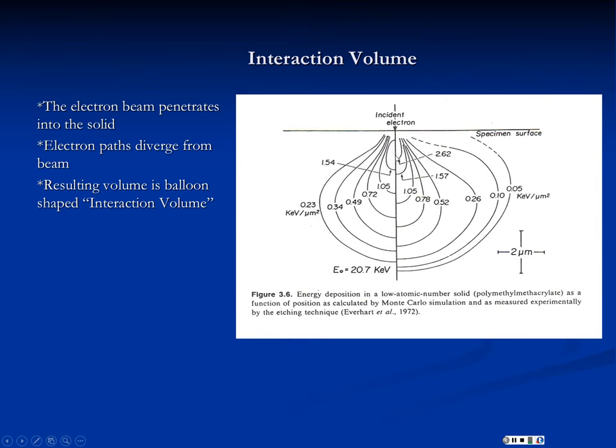And as they penetrate, they may bump into other electrons, and so they're going to tend to scatter, and they spread out under the surface of the material. And that spreading out gives us a volume of material where electrons are interacting with the material. We call that the interaction volume. It kind of looks like a light bulb. It's three-dimensional, it's narrow at the top, and it spreads out into a bulb, like an old-fashioned light bulb.